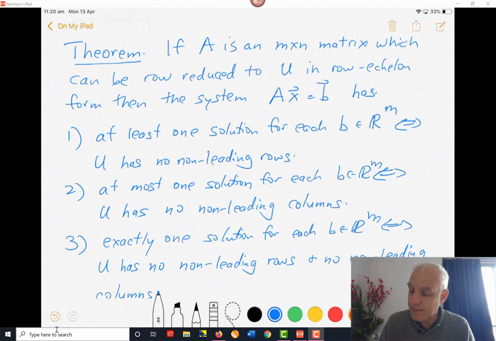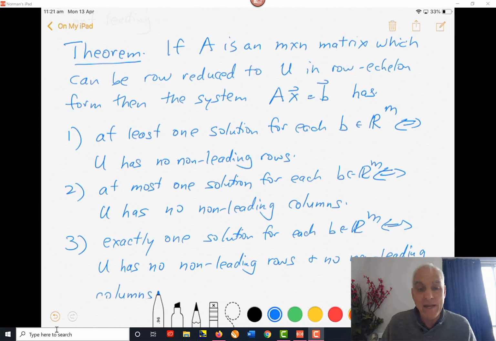And the first statement is saying that when U has no non-leading rows, then there will be at least one solution for each B. The reason why you do not get a solution is because, as we've seen, the last column, the Y column on the right, ends up being a leading column. That's then giving us a row which has all zeros up to this last entry, which is non-zero. That's the reason why there's no solution.